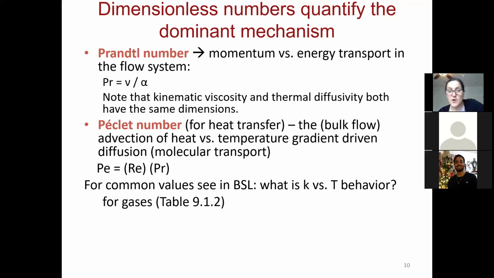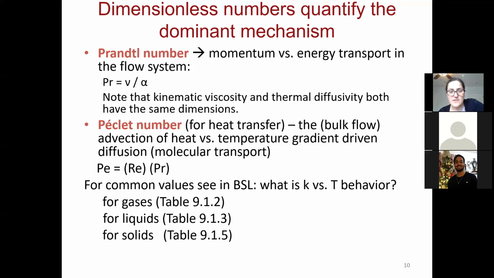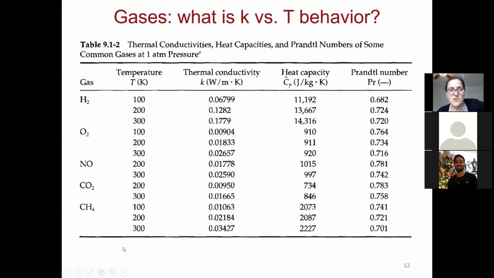So we're going to look at some common values, and they're available in tables in BSL. Normally these values are tabulated, and we're going to look at them for different materials: gases, liquids, and solids. So for instance, everybody take a piece of paper and pick a gas from this table.